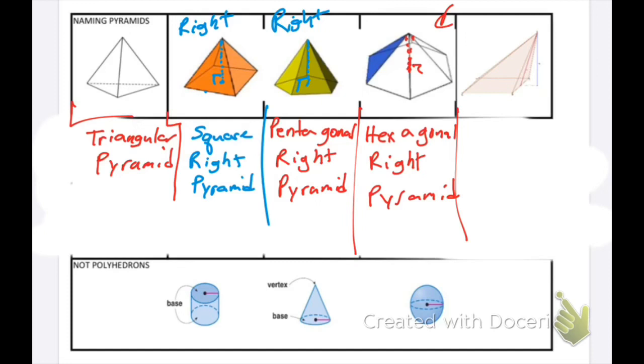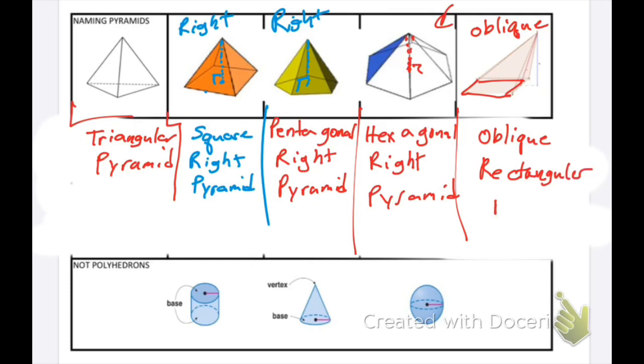Now this last one here, that's oblique, it's slanted. So this would be an oblique rectangular pyramid, because my base is a rectangle.